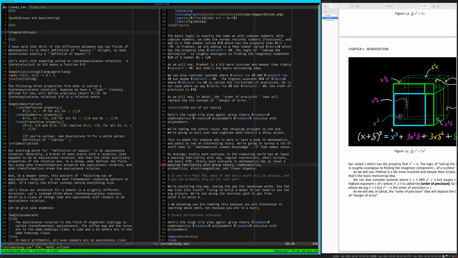That's not a great analogy, a C-tier analogy.